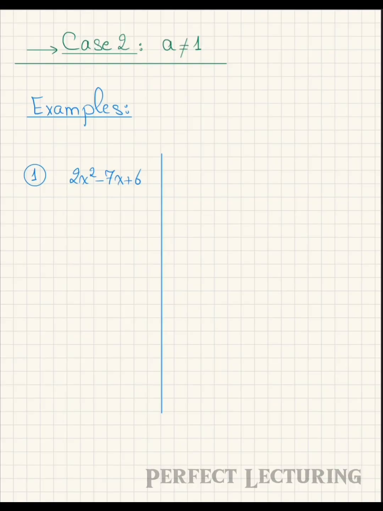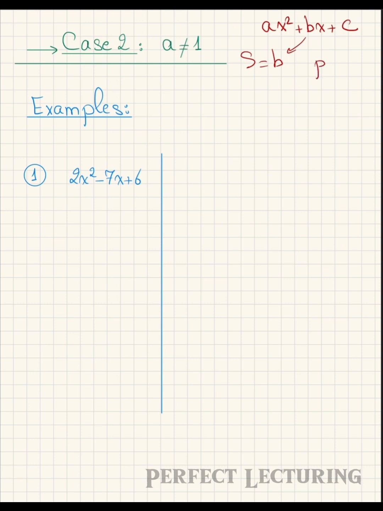Now we arrive at the more general case where a is not equal to 1. So, if I have ax squared plus bx plus c, again, I'm going to use product and sum. But here I have to look for two numbers whose sum is equal to b. So the sum is just the same, it doesn't change.